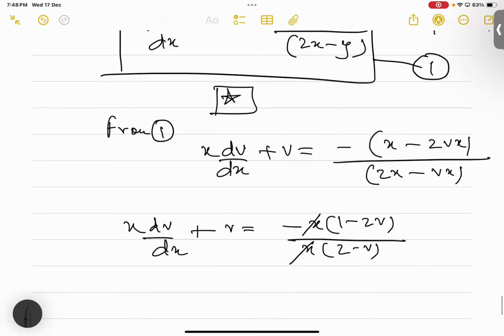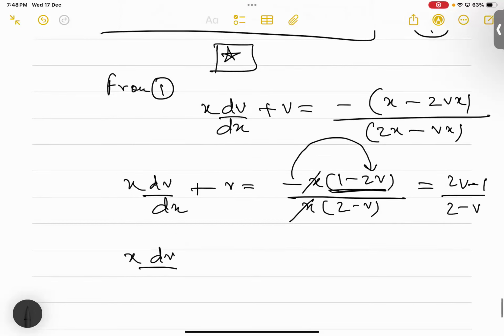This x is gone. So can I write this as 2v minus 1 upon 2 minus v? How this became 2v minus 1? Anyone? Minus sign inside the bracket. 2v minus 1. Did you understand?